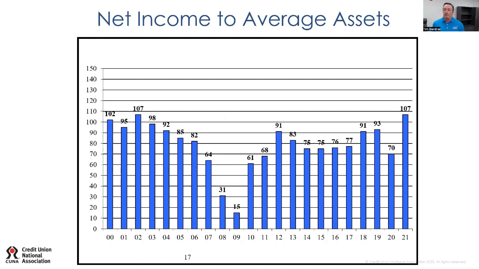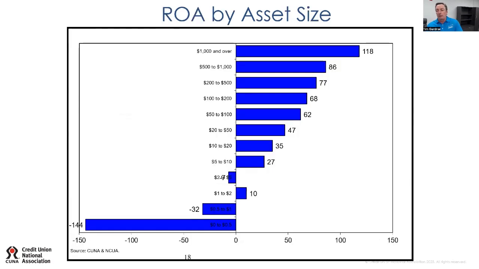When you see ROA on the screen, again, during the Great Recession, 2008, 2009, net income was very low. For us in the credit union movement, that's because we were creating and increasing the stabilization fund. But those 2 points in time aside, you can see that for us, over a period of time, it's about 80 basis points as far as what we make on a bottom line.